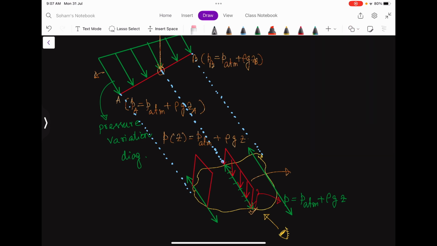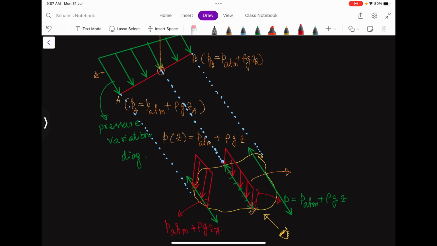Therefore all these arrows have the same length, and the magnitude is P_atm + rho g z_A.